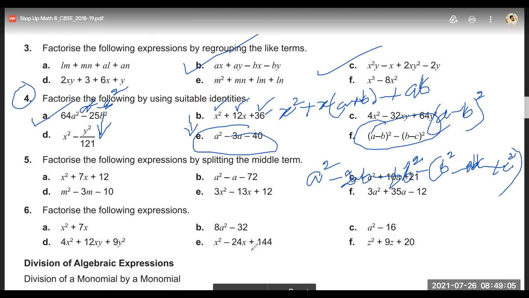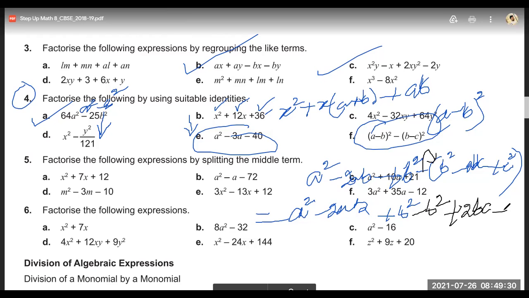After that, open this bracket. That means we'll get all the 3 terms as they are, minus 2ab plus b square, and then from here minus will be applied. Minus into b square is minus b square, minus into minus is plus 2bc, then minus into plus c square is minus c square.